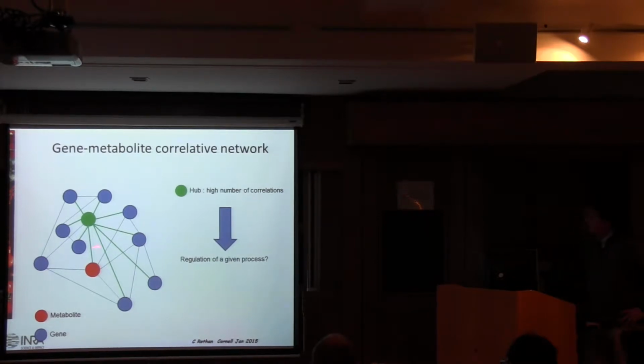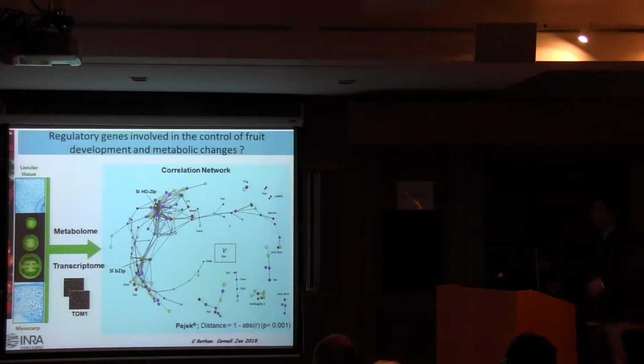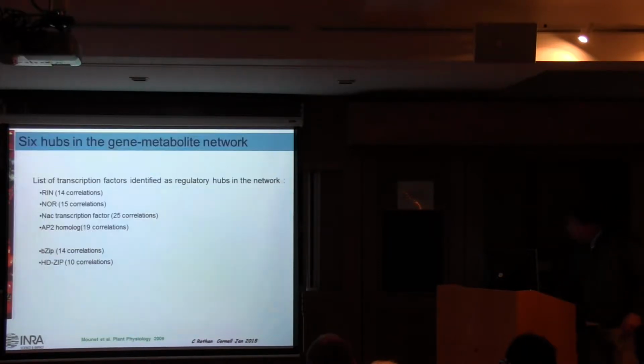And what we wanted to know is whether these hubs that show a strong regulation in the two tissues at 3 stages of development could be involved in what we are interested in, cell expansion or transition to other stages. So we drew a very basic correlation network, and we had several genes that were identified as hubs.